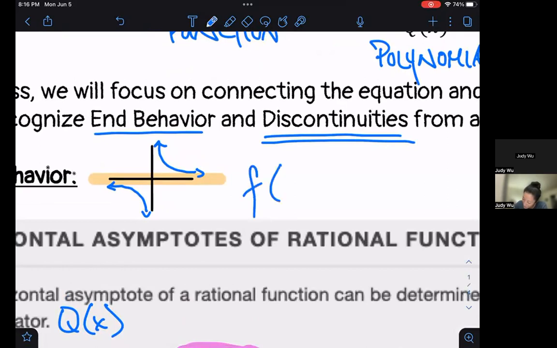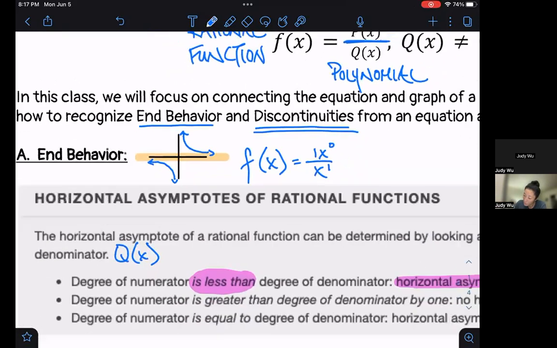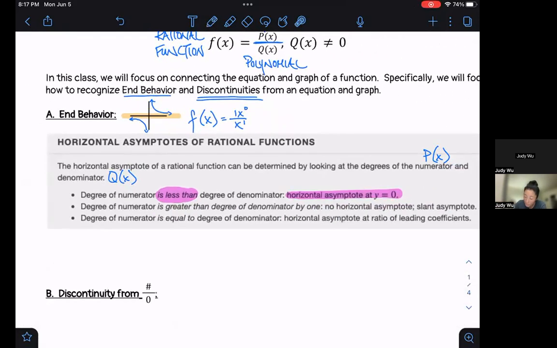That equation was f of x equals 1 over x, right? What's the degree of the top? It's actually 0 because it's secretly 1 x to the 0. Well, what's the degree of the bottom? 1. 0 is less than 1, which is why this reciprocal function that we were looking at had a horizontal asymptote at y equals 0.